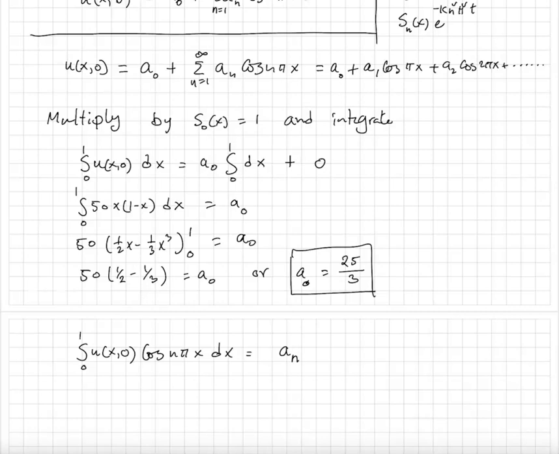So we can write that from 0 to 1, an cos n pi x times cos n pi x dx.